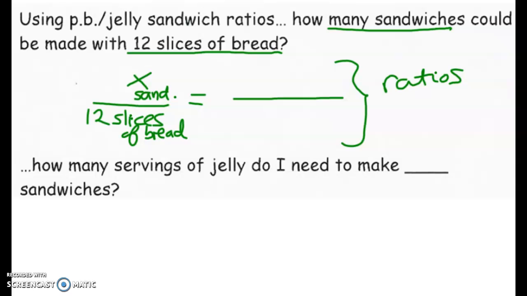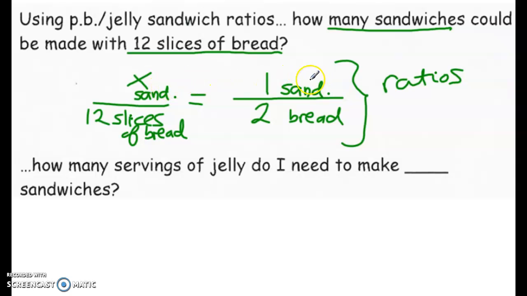The location of this is going to matter. You have to match the numerators. So sandwich over here, 1 sandwich, slices of bread, slices of bread. I'm just going to put this for short. So on this right-hand side, whatever the numerator unit is, the numerator unit is here.